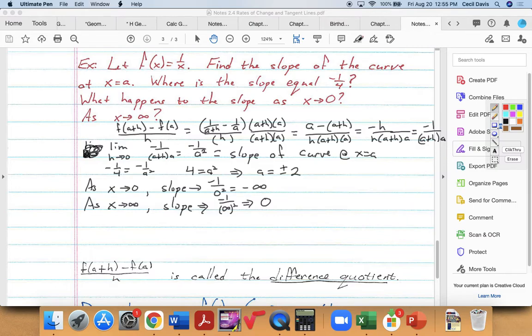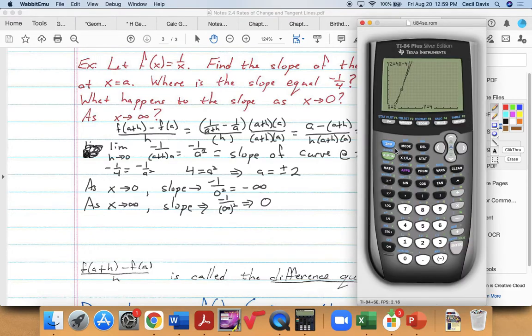So if we then look at the graph of 1 over x, let's see if this matches what we have. So clear this out, clear that out. We want 1 over x. Let's go back to a zoom standard.